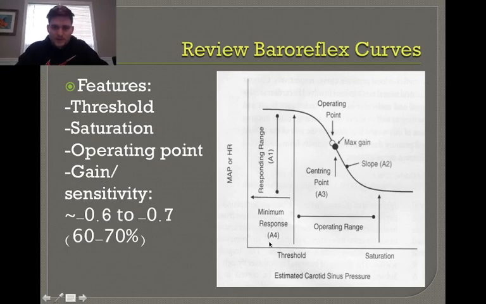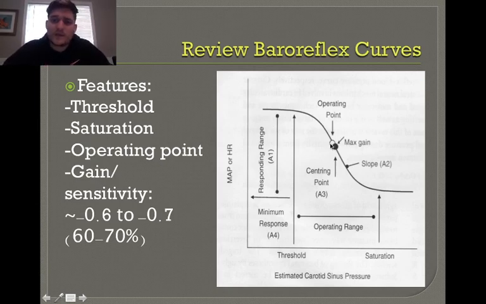And so within this is where our baroreflex does operate. Here towards the flat portion of the curve, this is where the baroreflex is not really that effective at regulating blood pressure. So there is a minimum response past this minimum point and past this maximum point where the baroreflex cannot really help to regulate blood pressure if we get beyond these points, right?